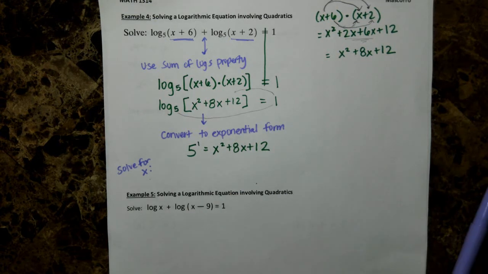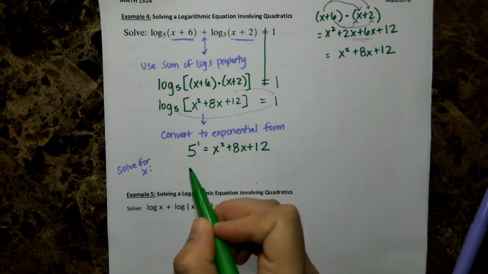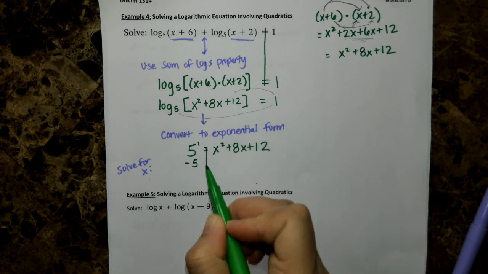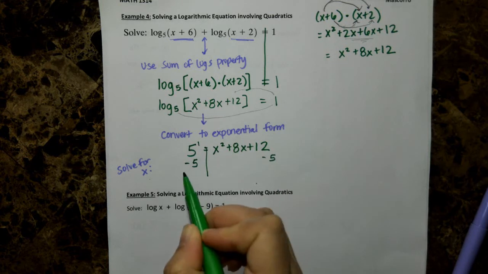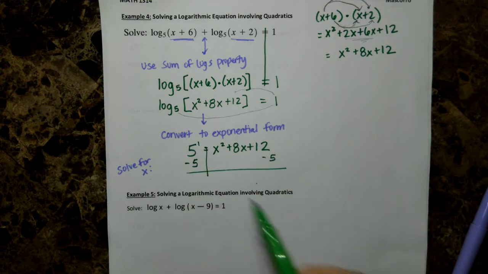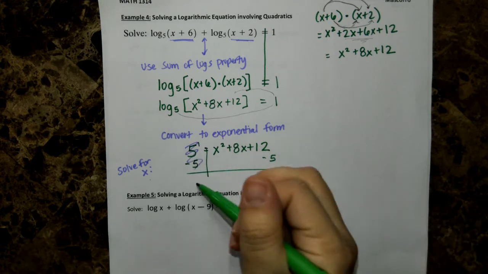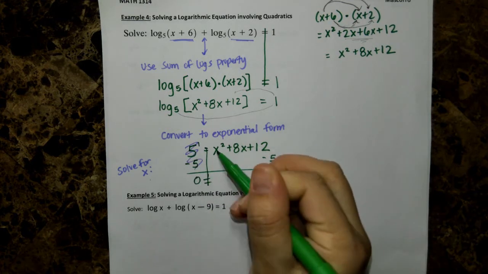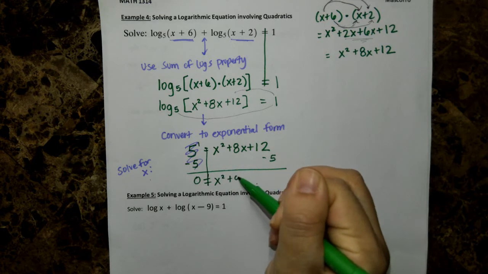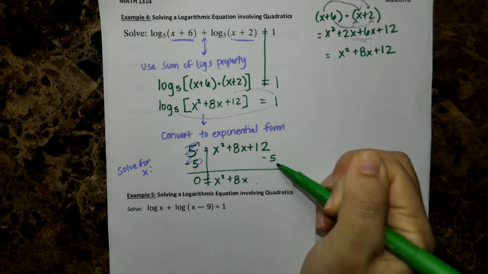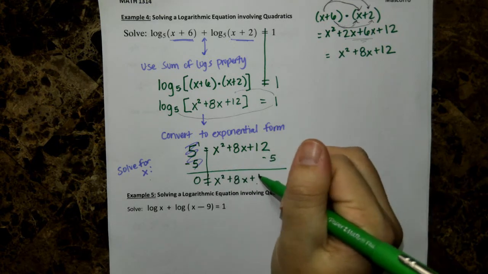So before I can solve it, my first step is going to be to make this equal to 0 by subtracting 5 from both sides. 5 minus 5, that's going to cancel out, which is just 0. So I have 0 equals x squared plus 8x plus 12 minus 5 is positive 7.